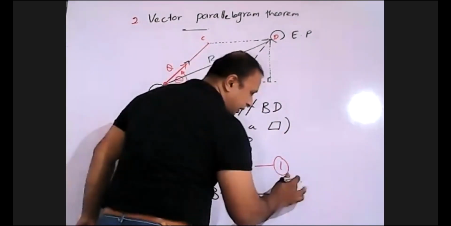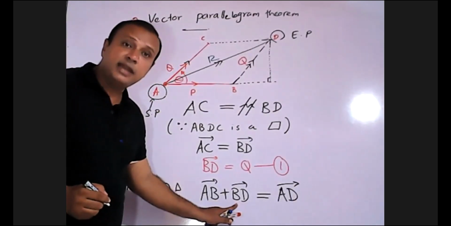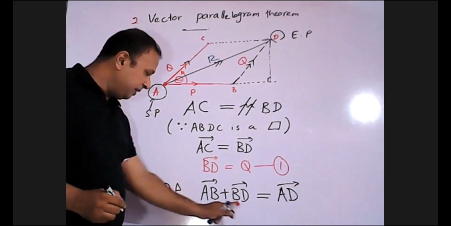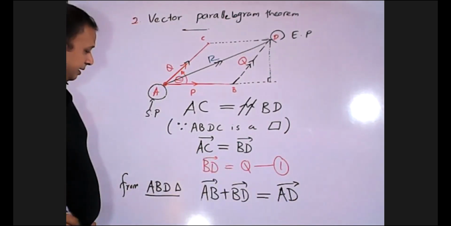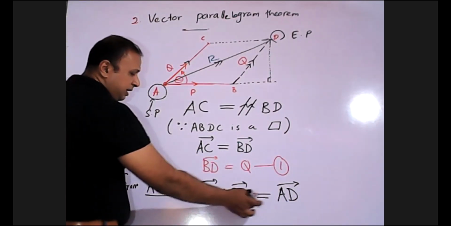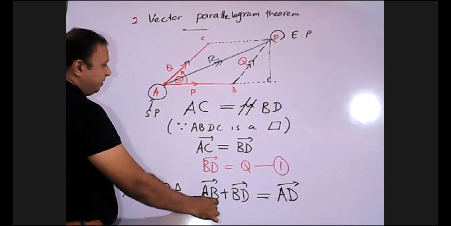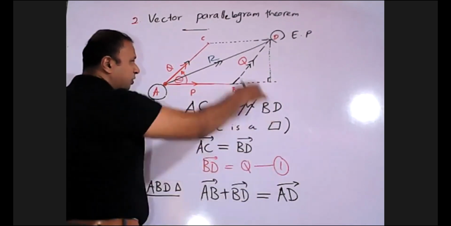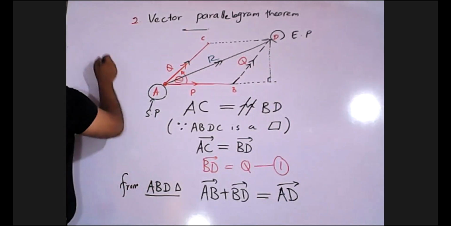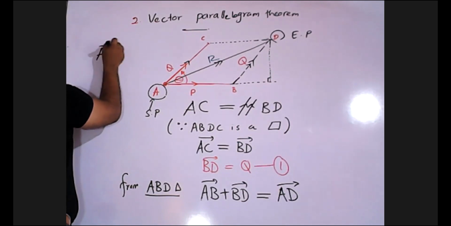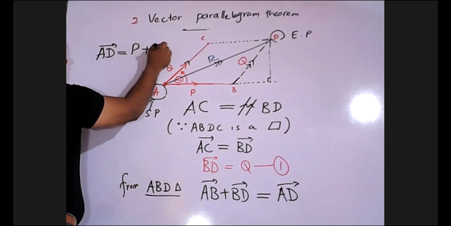I can eliminate these two points, and these are the two free ends. AB is equal to P vector, BD is equal to Q vector. Therefore, AD vector represents the addition of P plus Q.